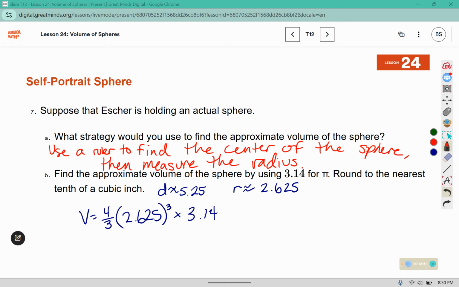So we'll start by cubing 2.625, which is 18.087890625. And remember, we said we're not going to round until the very end. So we'll take that big number and we'll multiply by 4 and divide by 3.